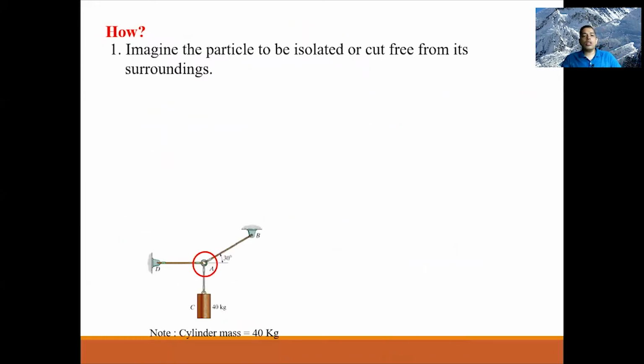Now, how does the free body diagram simplify your problem? Let's say you have an object here. It is hanging from point A, but there are other 2 ropes at B and at D. So A is under the influence of 3 forces.